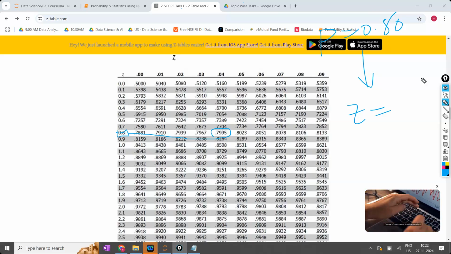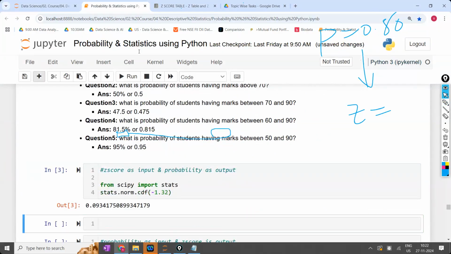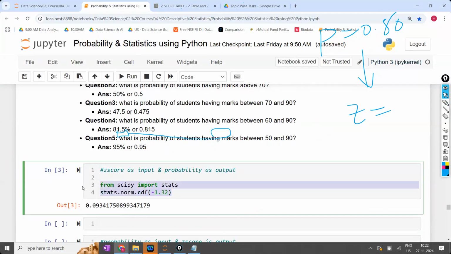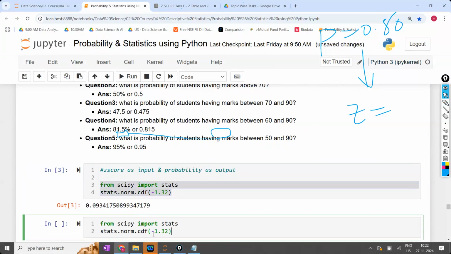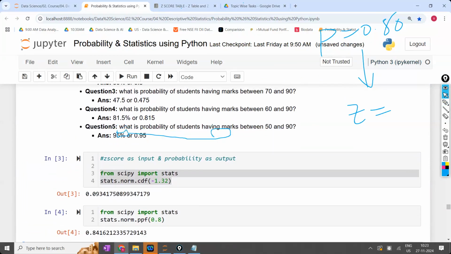Okay. So for calculating this, what we have to do is take from stats, from SciPy. I have to use PPF. Function name is PPF, and I have to give the input as probability. If I give the probability, output is Z-score. Is the point clear for everyone? If you give the probability as input, output is z-score. If you give z-score as input, output is probability. Okay, one more time.